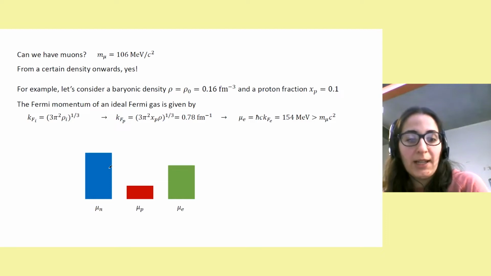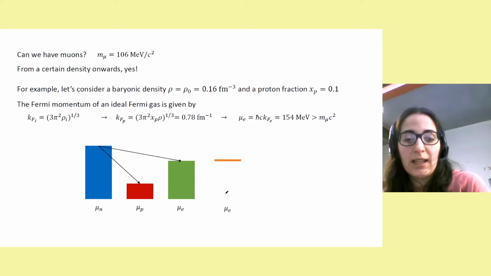Okay, if we plot the occupation of the Fermi seas of each of the species that we have, what we see is that when we have more neutrons, they can decay into protons and electrons, because of beta stability, and they increase the proton and electron seas.